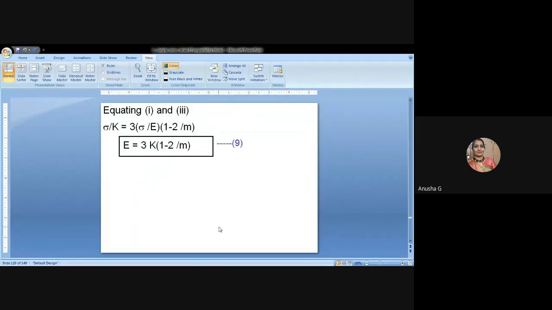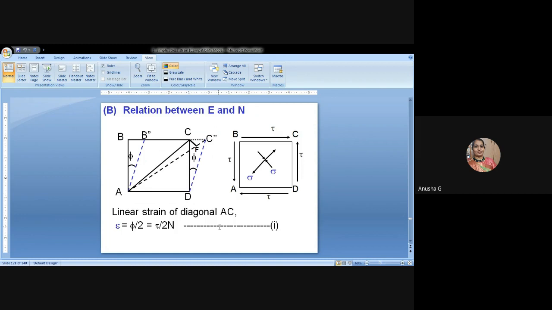That is the equating of the formulas for stress, strain, bulk modulus and modulus of rigidity. Young's modulus capital E equals 3K into 1 minus 2 by m. This is the formula to be used for the relationship between Young's modulus and bulk modulus. Now we'll see Young's modulus and shear stresses.